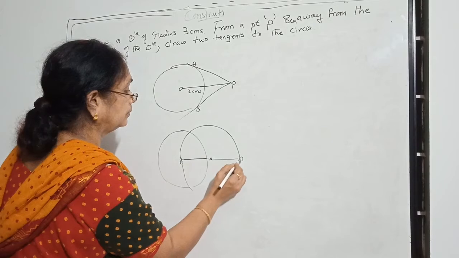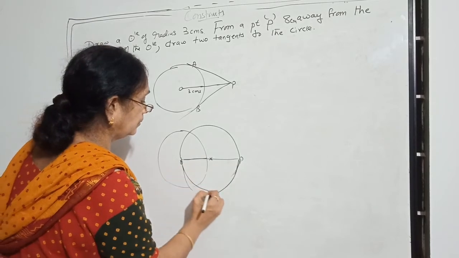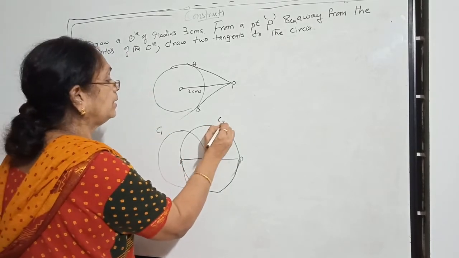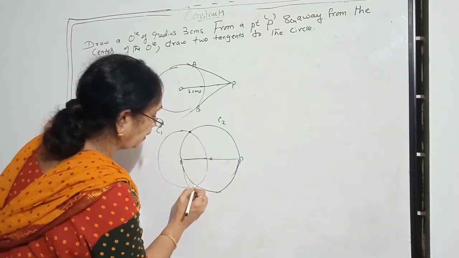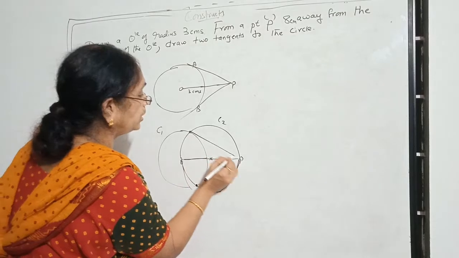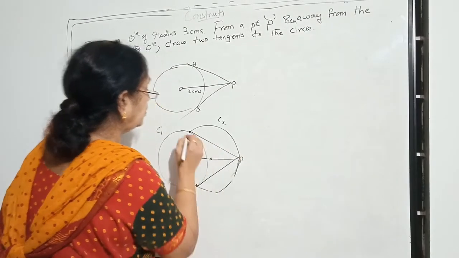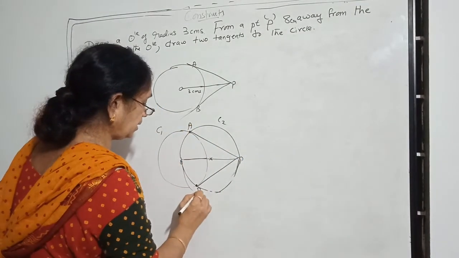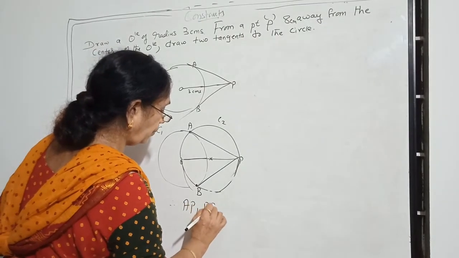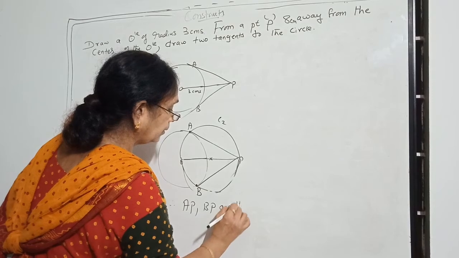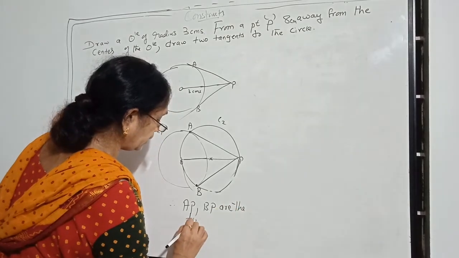Call this C1 and C2. C2 cuts C1 at this point, put a dot, join this, mark this as A and this as B. Therefore, AP, BP are the two tangents.